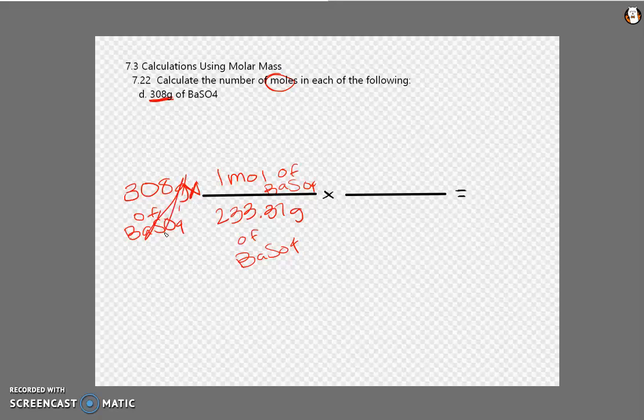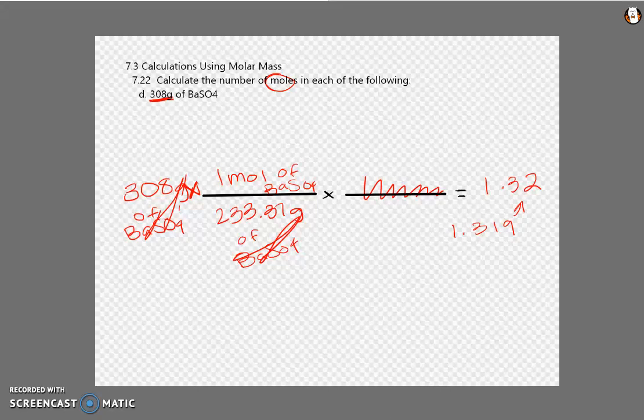So the grams would cancel out, and you would do 308 divided by 233.37, and you get 1.32, because you round. If you didn't round, you would get 1.319, but because you round, you get this. Okay, and that's basically how you get the moles for that. And then now we're going to do another problem. It's the same thing, but we're just going to do another problem.